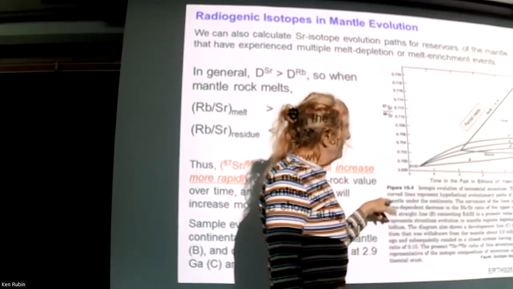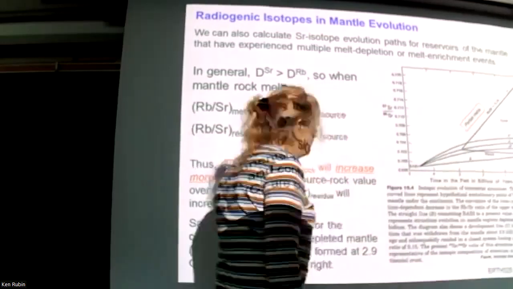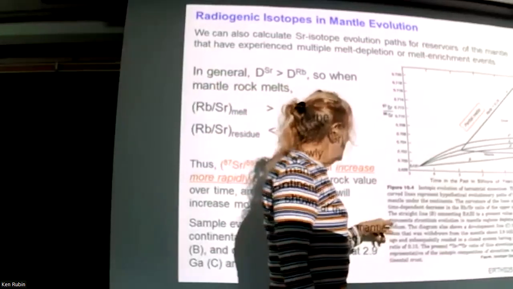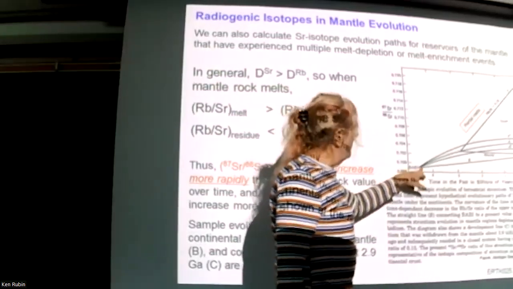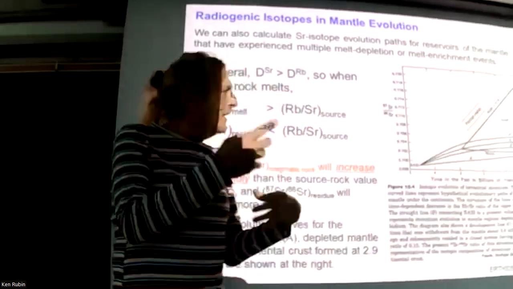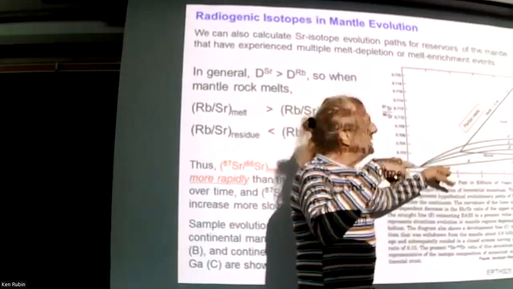As it explains through here, these evolutionary curves are for different kinds of mantle. A is mantle that's been slightly enriched in rubidium. B are materials that have been slightly depleted in rubidium.